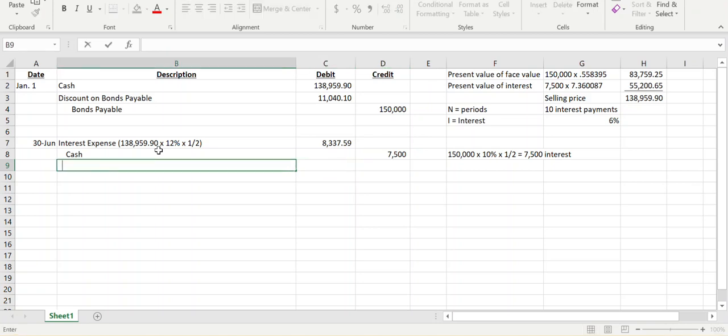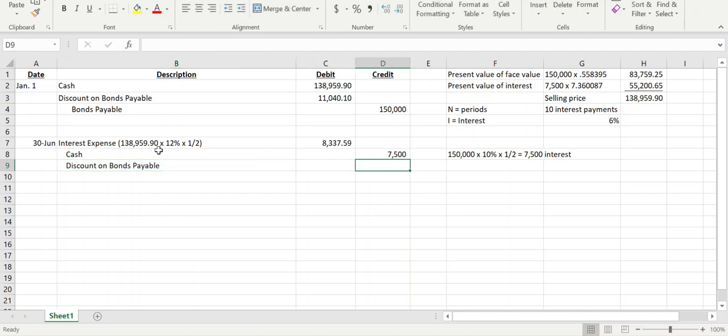The difference between the interest expense that we're recognizing and the cash that we are paying is how much we're going to reduce our discount on bonds payable for. So it's simply the difference between the interest recorded and the cash that's being paid. So we are going to reduce our discount on bonds payable by $837.59.